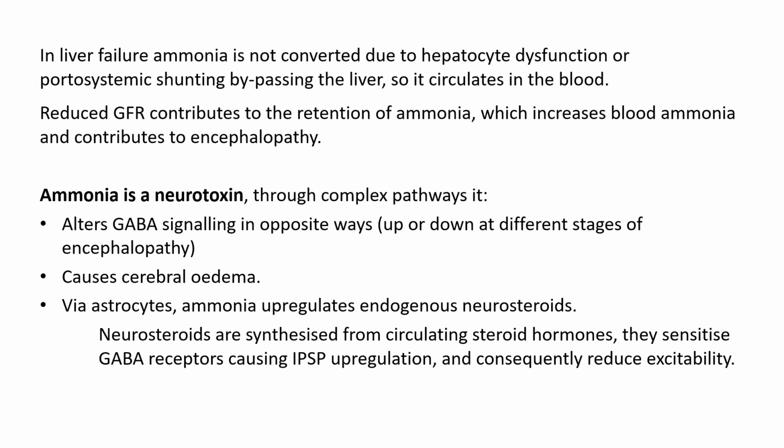What they actually do is they sensitize GABA receptors. GABA is an inhibitory neurotransmitter in the CNS. So this is going to cause IPSP upregulation, the increase of inhibitory post-synaptic potentials. So this is going to depress CNS function, depress brain function. And this is going to reduce neuronal excitability within the brain.